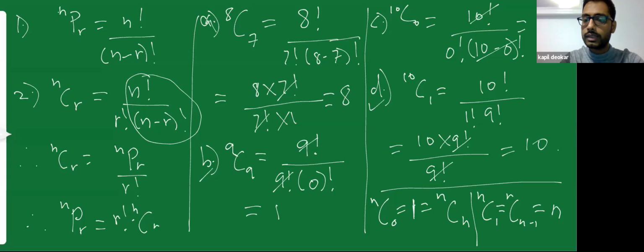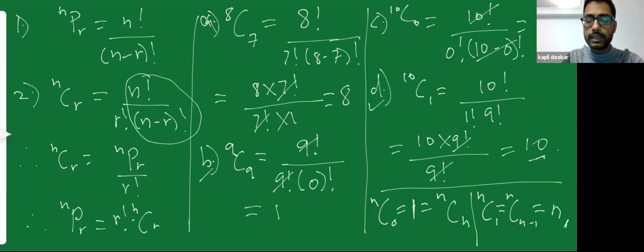See your D option. In D option, what did I have? 10C1. And when I solved 10C1, what did I get? 10. So if instead of 10C1 there was 100C1, after solving 100C1, I'm going to get 100. If there was 9C1, solving 9C1, my answer would be 9. So if there is nC1, my answer is going to be n.